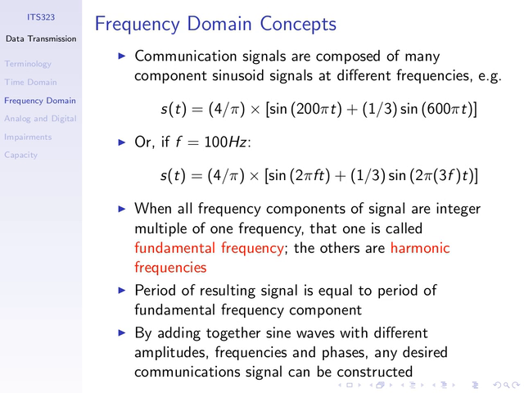Just relate these two equations: 2 pi f t equals 600 pi t, therefore f is 300 Hertz. So it'd be the same as this, except shrunk because the peak amplitude is 1/3, and there would be 300 repetitions per second, so it would also be squeezed in this way.